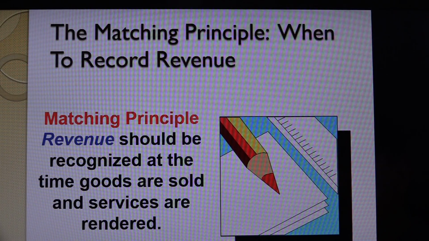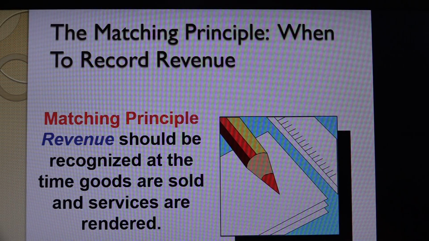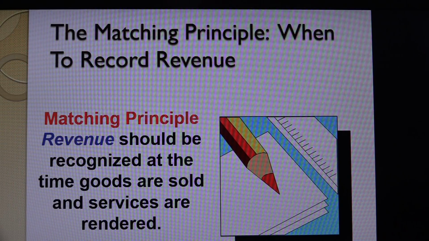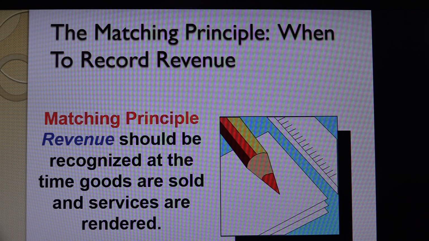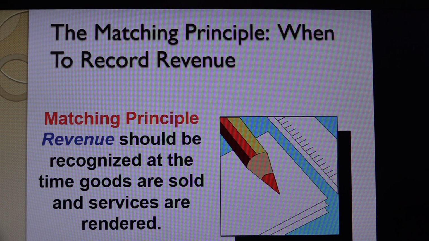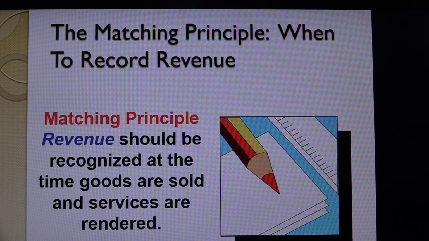We have this other principle called the matching principle. This is when we account, we don't account using, like you do with your checkbook, the cash method. We use what is called the accrual method of accounting.